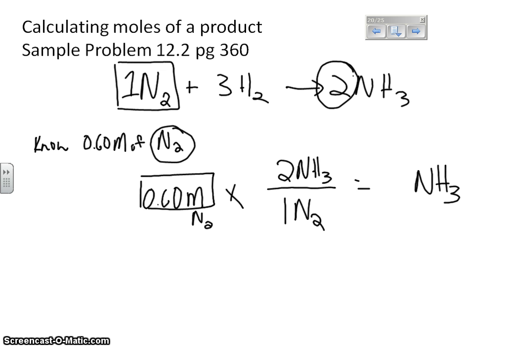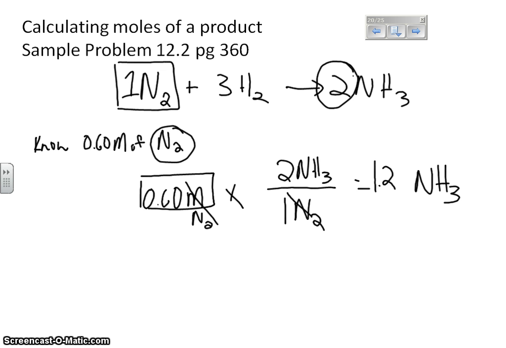So you multiply those out. Of course, we know that moles N2 will cancel out. So it becomes 0.60 times 2 equals 1.2. And that is how we get that.